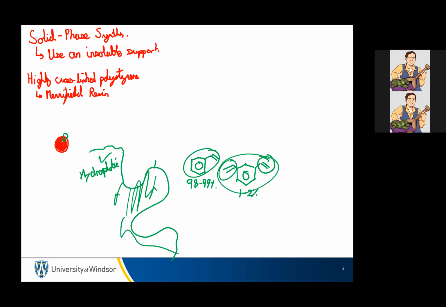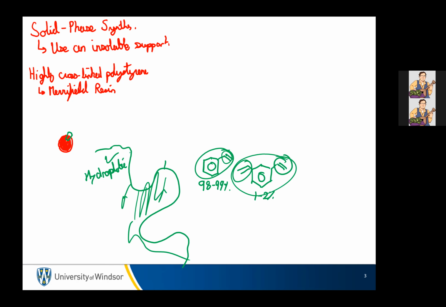Then you have a whole lot of vinyl terminal groups on the surface. Sometimes they add in other units, but we functionalize those further, and we get surface chemistry on this thing. I'm going to talk about the different surface chemistries we can get.